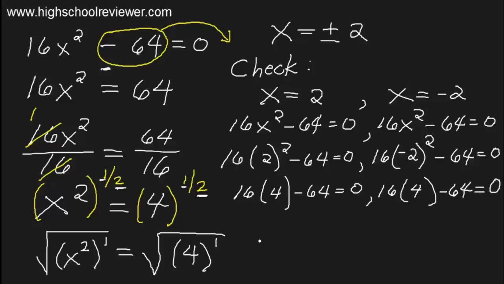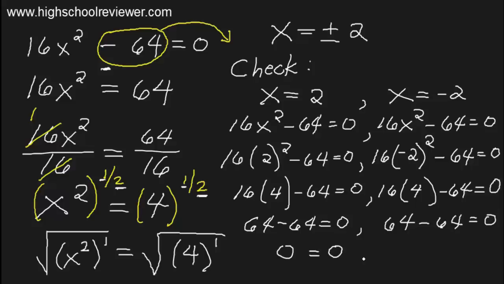So 16 times 4, that is 64, minus 64, is equal to 0. So 16 times 4, still 64, minus 64 equals 0. So 0 equals 0. So therefore, our values for x, which are positive 2 and negative 2, are correct.